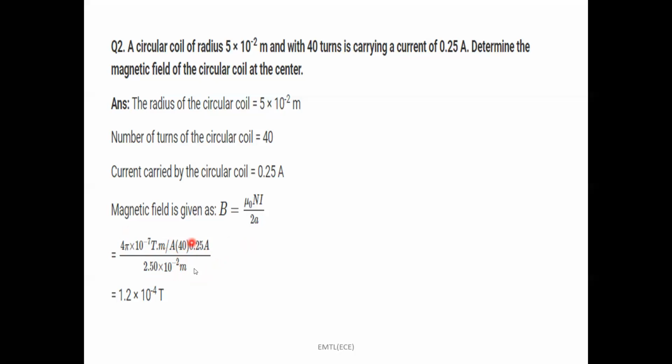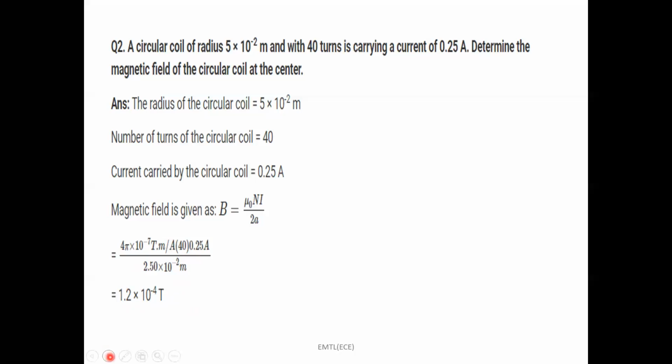By calculating all these values, the magnetic field intensity B is equal to 1.2 into 10 power minus 4 Tesla. This is the final value of magnetic field intensity, and Tesla is the unit of B.